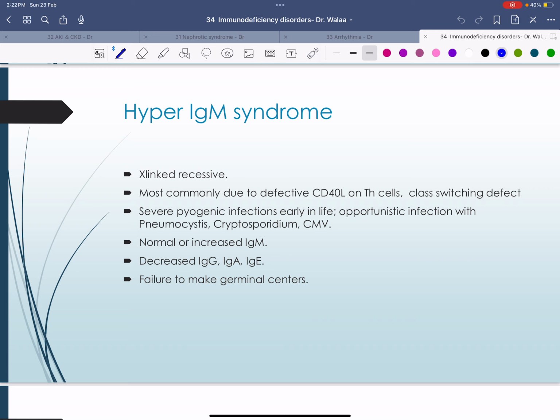They're also unable to fight off opportunistic infections like pneumocystis, and they will have a problem with viruses like CMV infection as well. If you do flow cytometry, they have high levels of IgM and low levels of IgG, IgE, and IgA. Okay?